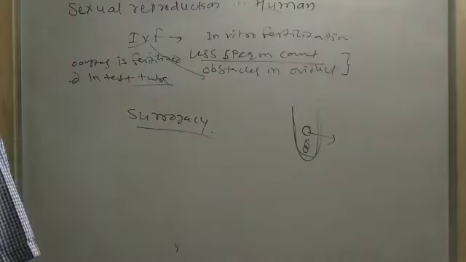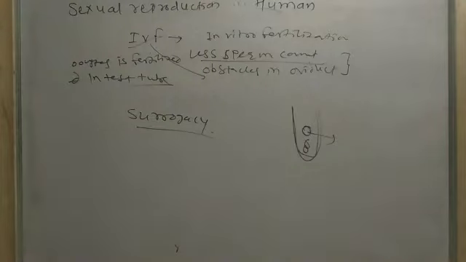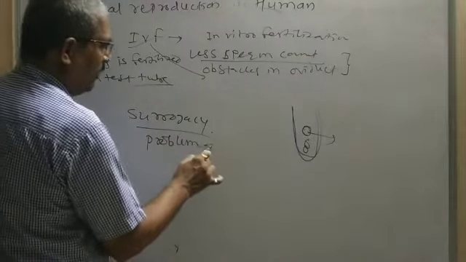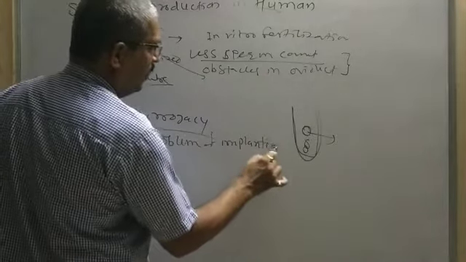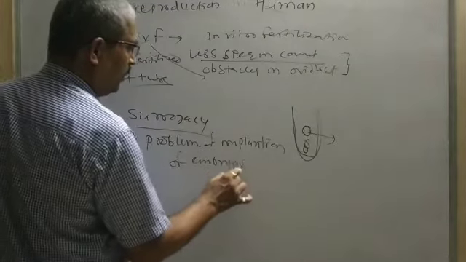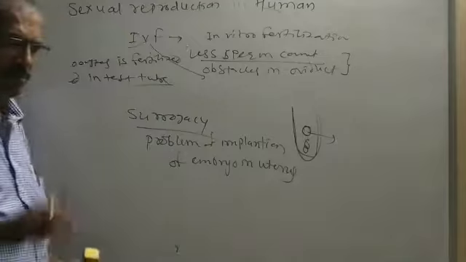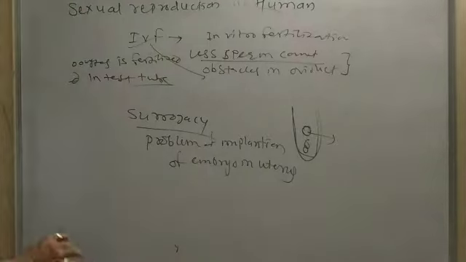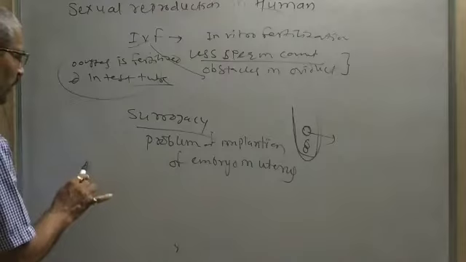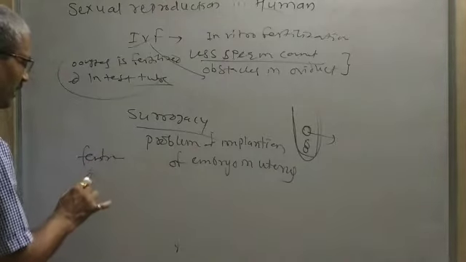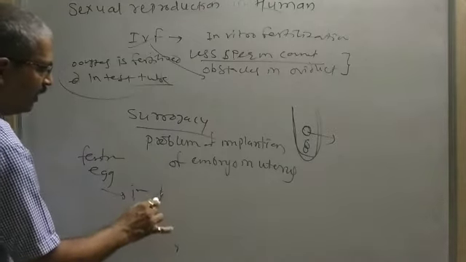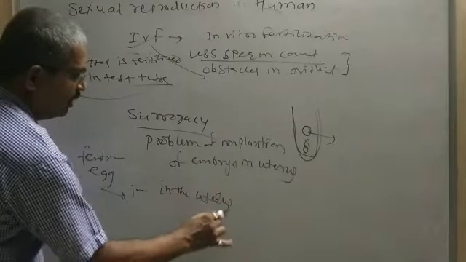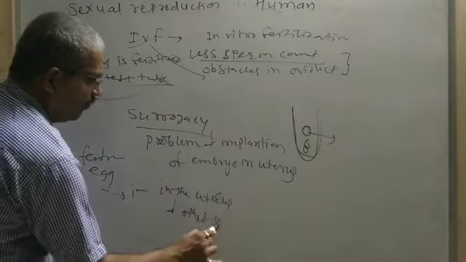Now, what does surrogacy mean? Surrogacy means when a woman has a problem of implantation of the embryo in the uterus. When there is such a problem, then through this test tube technique, the fertilized egg is implanted in the uterus of another woman.